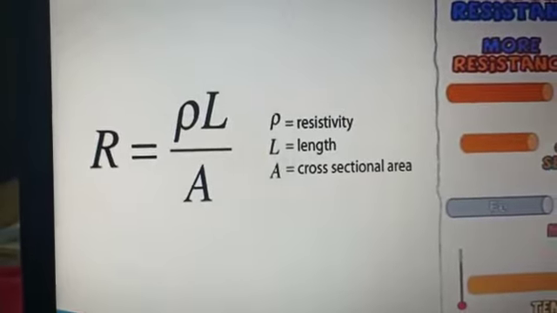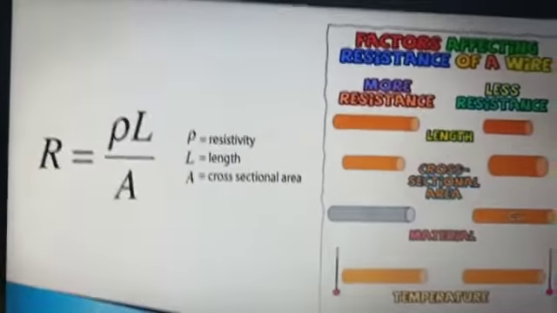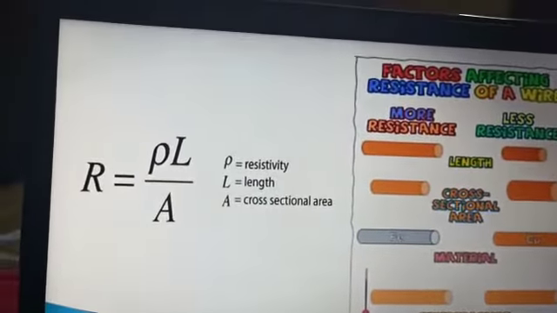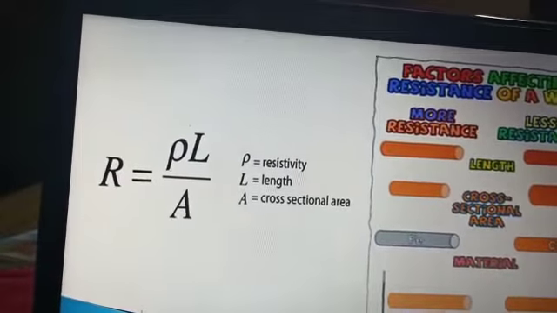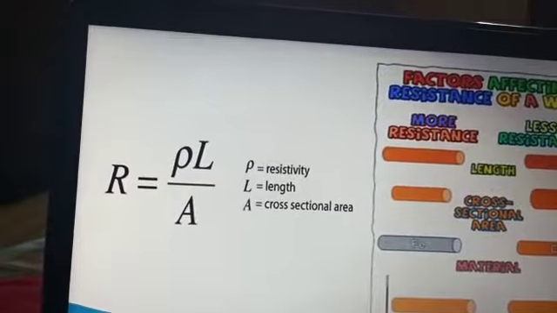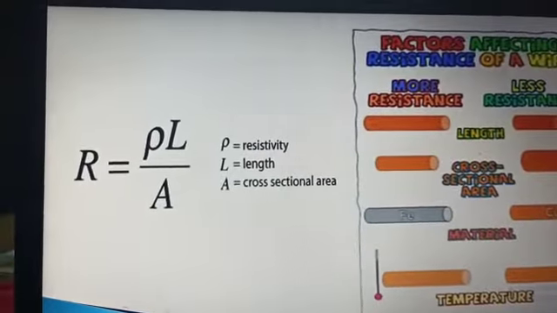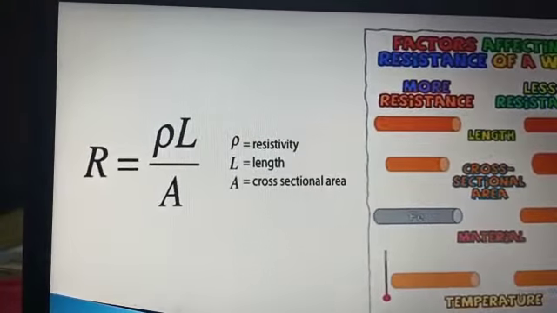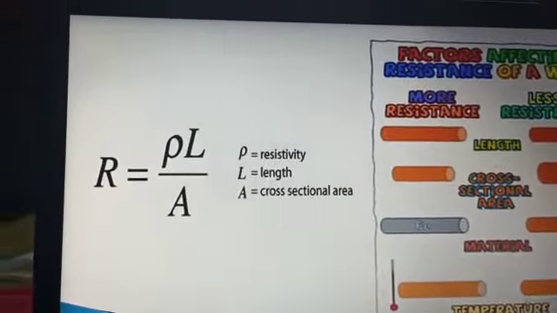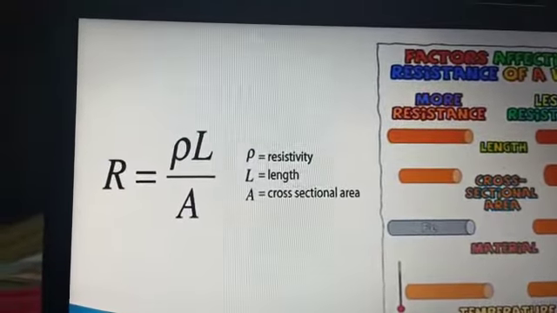Rho stands for resistivity. Now what is resistivity? Resistivity means specific resistance. Specific resistance depends only on the nature of the material. So every material will have its own resistivity. Copper of a 1 centimeter wire or copper of 1 meter wire, both will have the same resistivity. An aluminium wire of 1 centimeter or 1 meter, irrespective of the length, irrespective of the thickness, aluminium has a fixed resistivity.